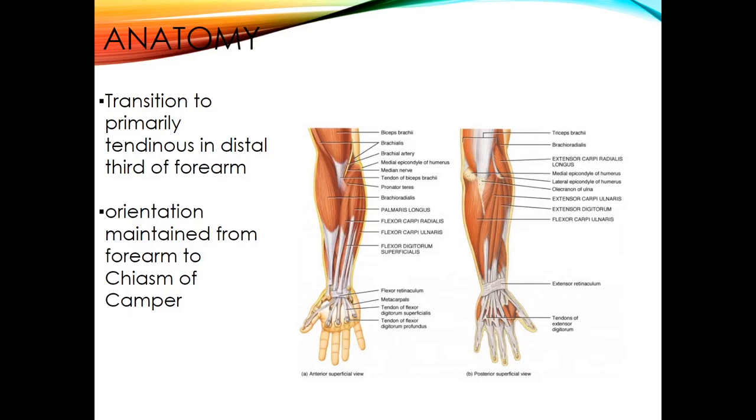And this is very important anatomy to know, especially when you're doing, for example, a spaghetti wrist or something like that in the distal forearm, where you need to know your orientation. And these orientations between the tendons are really maintained all the way from those musculotendinous junctions out to Camper's chiasm, which is where the FDS splits and the FDP runs through it.